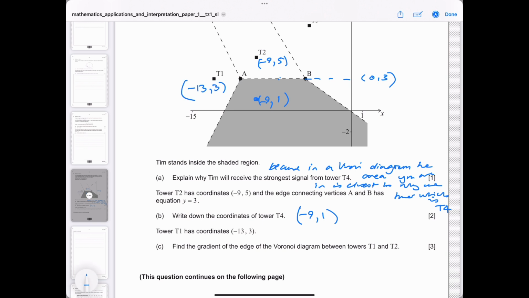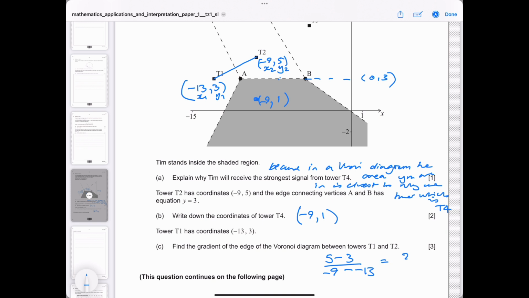Find the gradient of the edge of the Voronoi diagram between towers T1 and T2. So what we can do is find the gradient of T1 to T2, which would be, if we make that y2, that's x2, that's y1 and x1. So we would say y2, which is 5, minus y1, which is 3. Then make sure you do -9 minus 13.